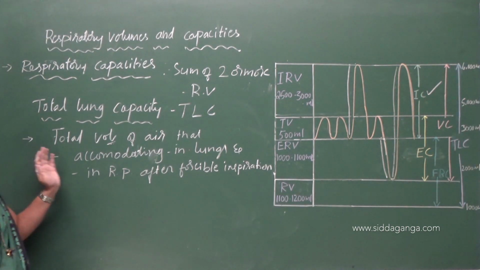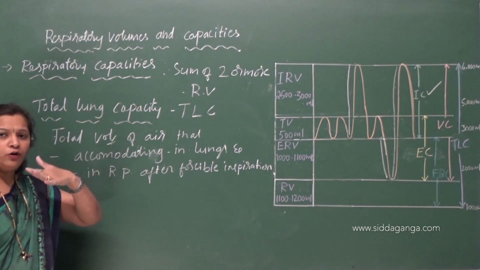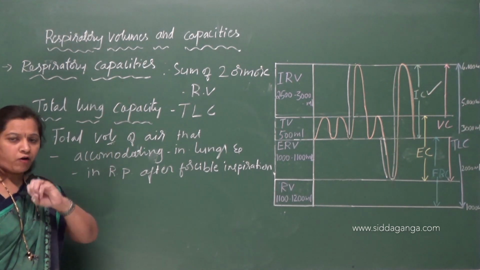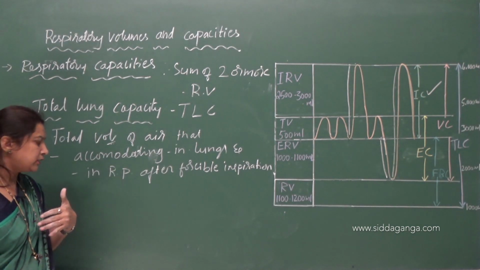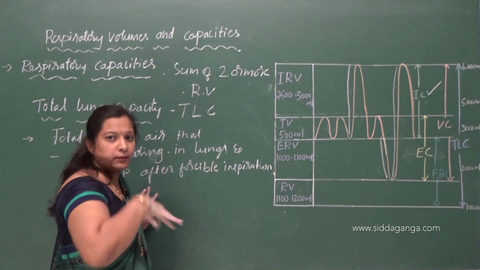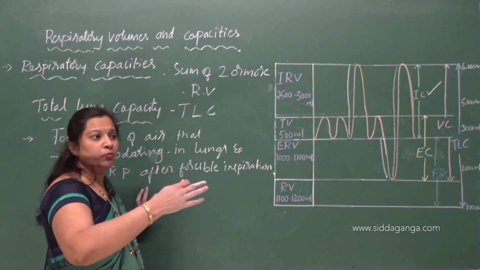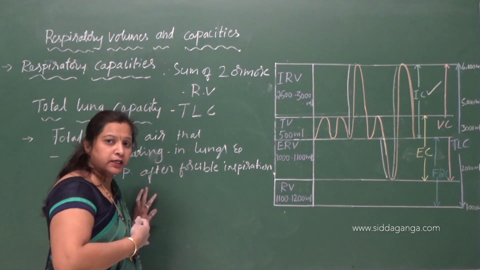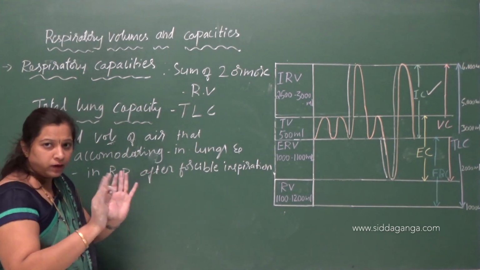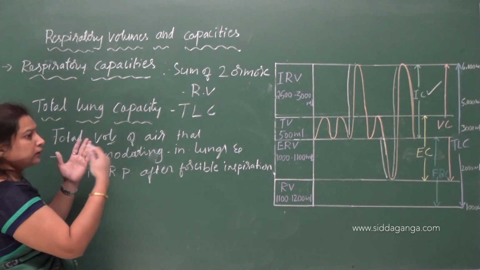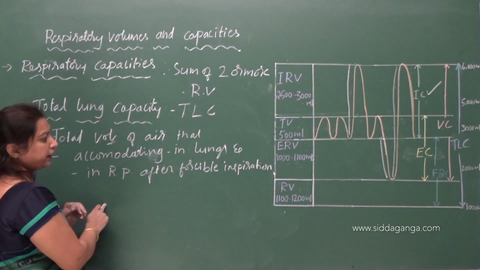It is the total volume of air accommodated in the lungs, and as well in the respiratory passage, after forcible inspiration. So after forcible inspiration, how much volume of air is accommodated in the respiratory passage and in the lungs, that is the total capacity of our lung. Our lung and respiratory passage can hold how much volume of air.